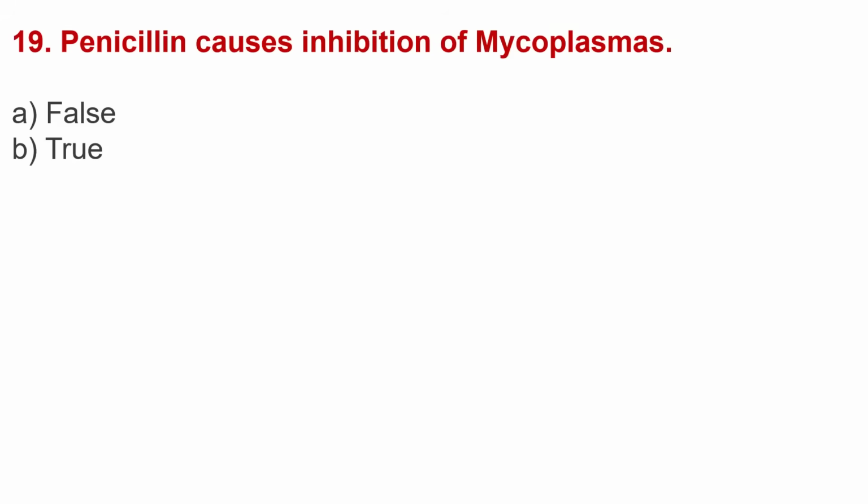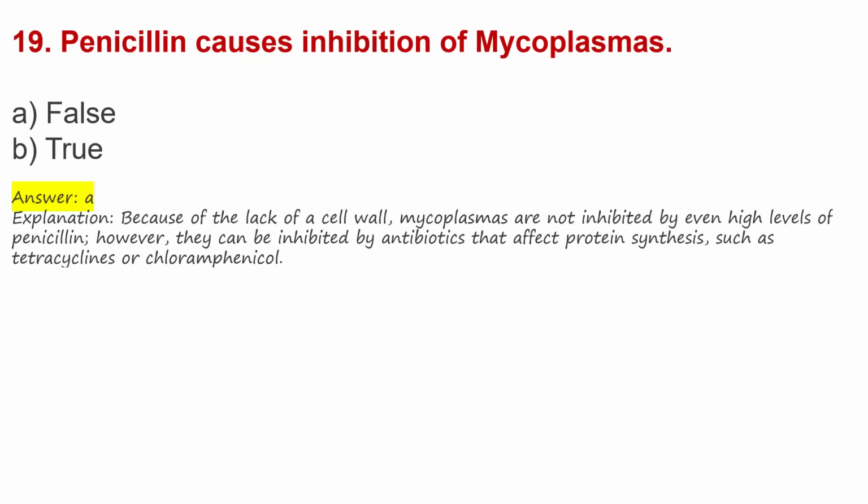Question 19: penicillin causes inhibition of mycoplasmas. A, false; B, true. The answer is false because mycoplasmas lack a cell wall, and the cell wall is highly rich in peptidoglycan, and penicillin is an antibiotic used to inhibit the synthesis of peptidoglycan.